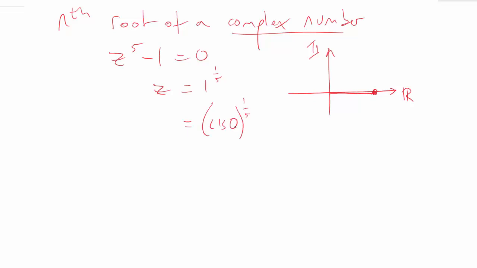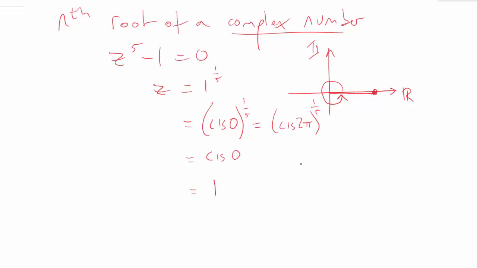Its modulus is 1 and its argument is 0. So I can use de Moivre's theorem and I get cis of 0 to the power of a fifth, which is cos of 0 plus i sine of 0, which is 1. But I could have called the angle 2 pi. It wouldn't make any difference. That's still equal to 1.